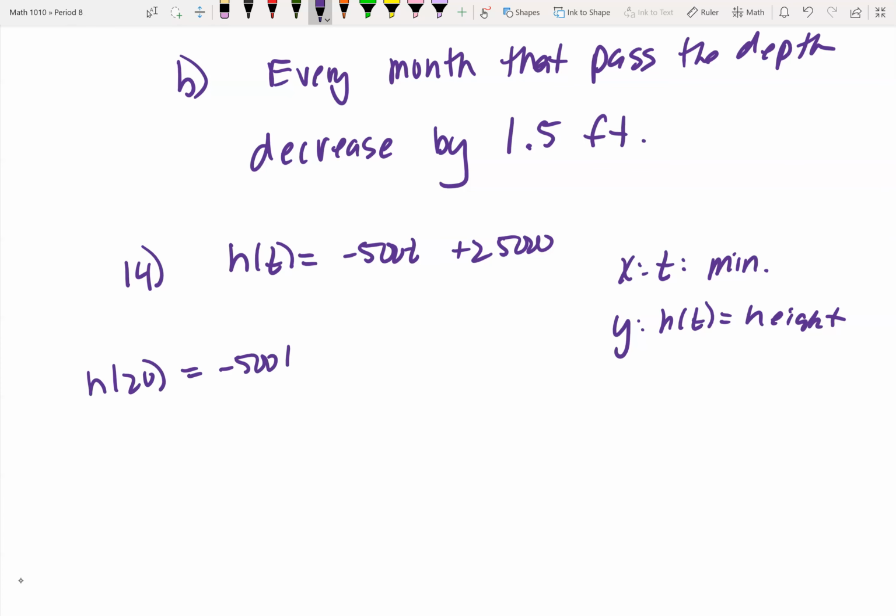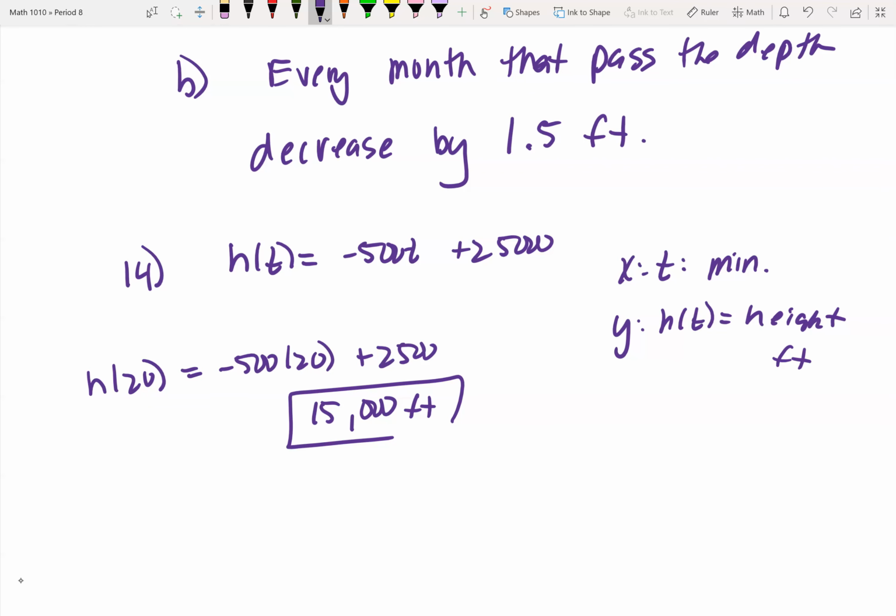So it's negative 500 times 20 plus 2500, which is 15,000. And that is a y coordinate, and that is in feet. Okay, so 15,000 feet. Explain what that means. That means if 20 minutes has passed, then the plane is at 15,000 feet.